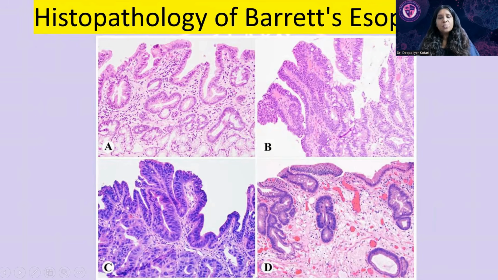In Barrett's esophagus, negative for dysplasia means that the epithelial changes are reactive and non-neoplastic. The surface epithelium demonstrates normal maturation. The cells here are showing nearly the normal size, right? And if you see, they are aligned more or less in a uniform way.